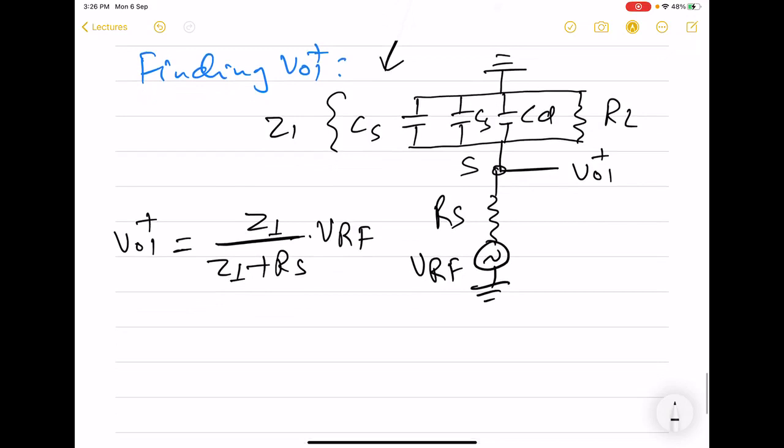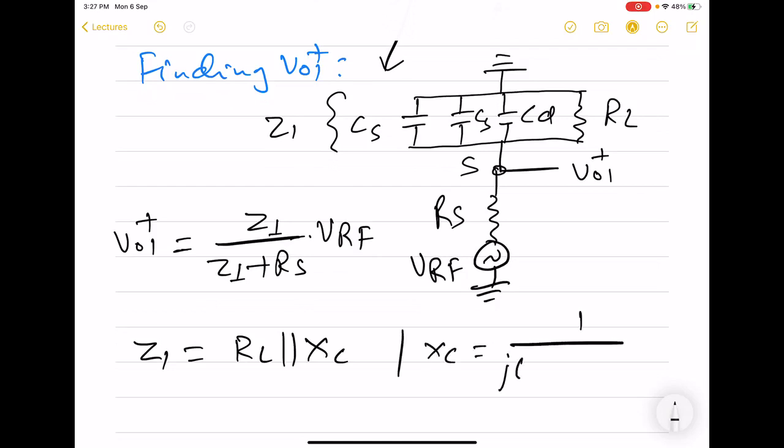And here Z1 is the parallel combination of RL and XC. So what is this XC? XC is 1 by j omega into 2CS plus CD.